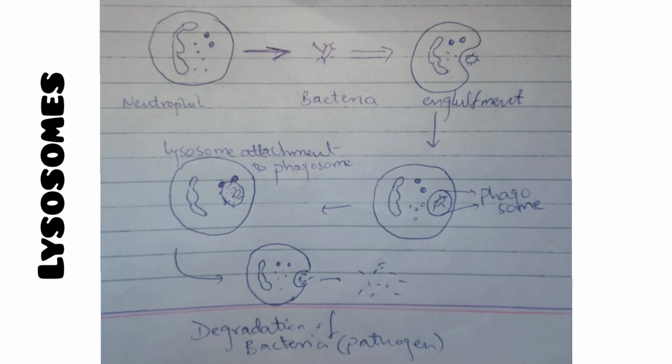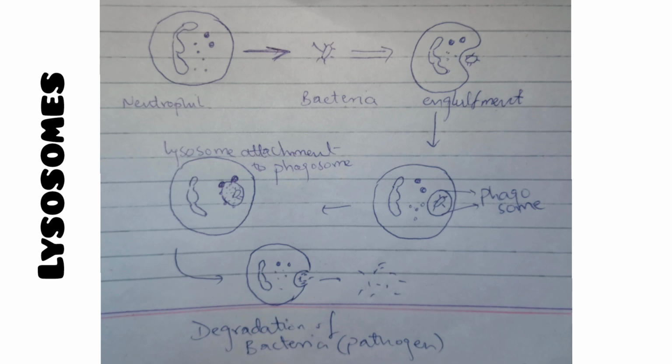That vacuole which contained the microbe was called the phagosome. Now the lysosomes present in the neutrophils and macrophages will fuse with the phagosome and release their content into it, and their content includes degradative enzymes that will kill the microbe.